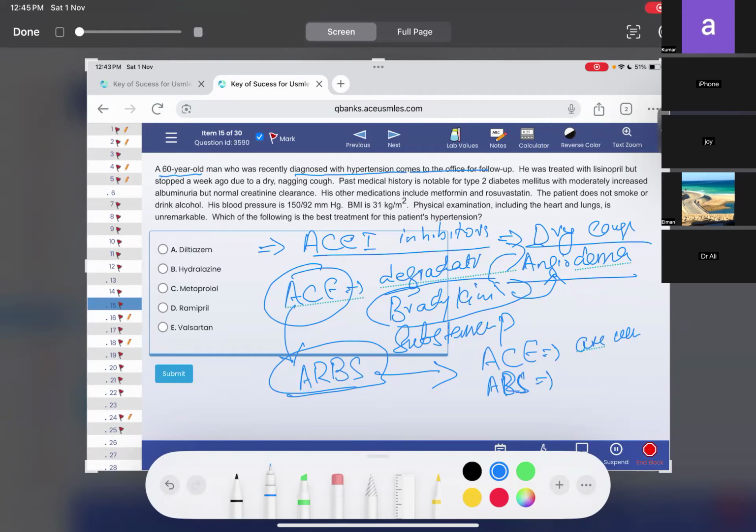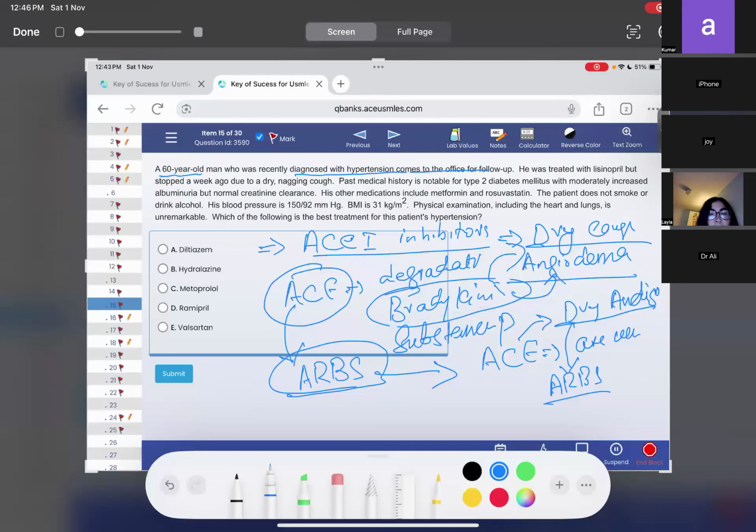So why are we not giving the patient ARBs first? Why do we start our antihypertensive treatment with ACE inhibitor, not with ARBs? Can anybody tell me why? Because we know that ACE inhibitor has side effects like dry cough and angioedema. Then why do we give this patient ACE inhibitor? Why not ARBs?